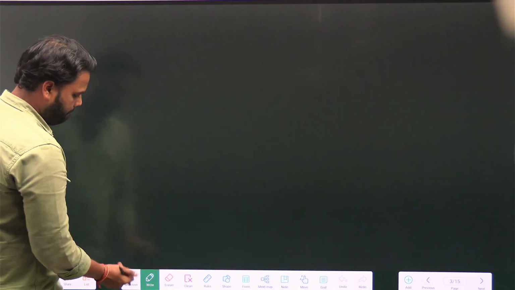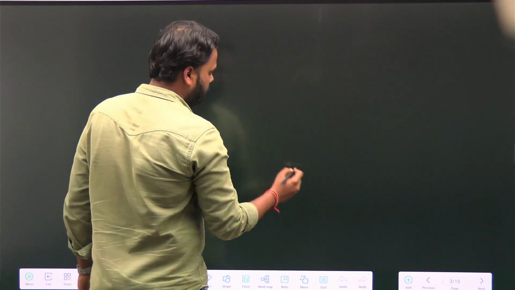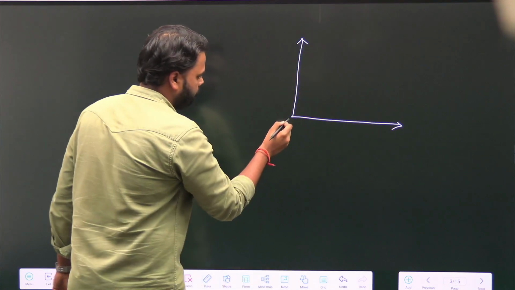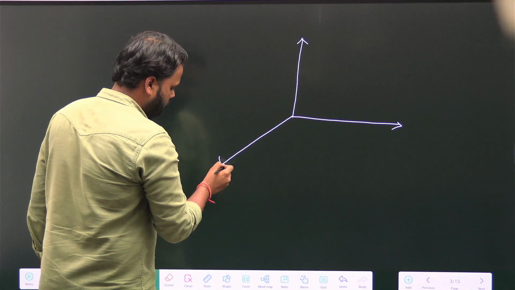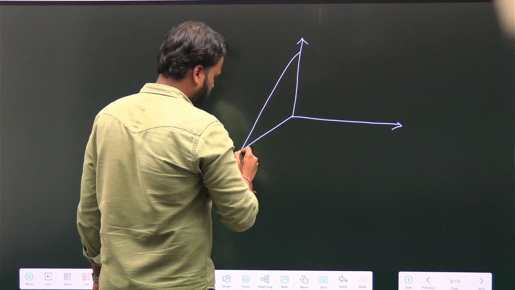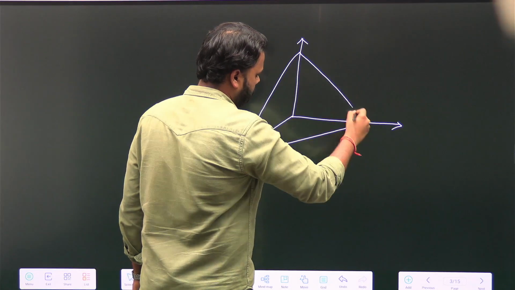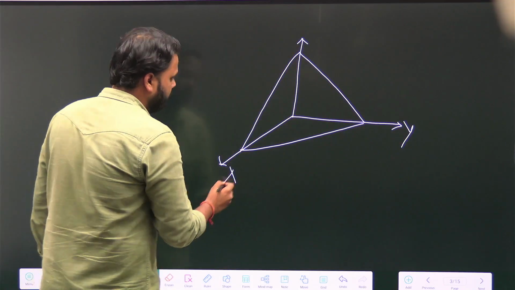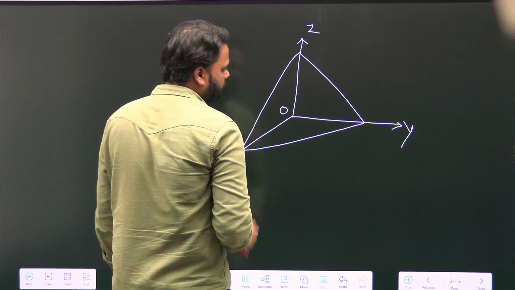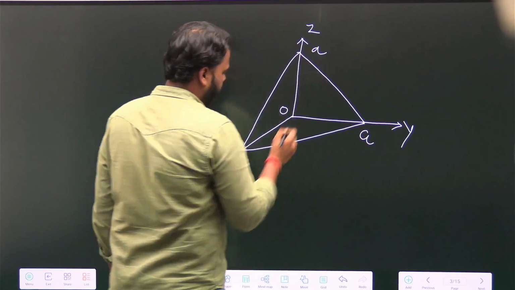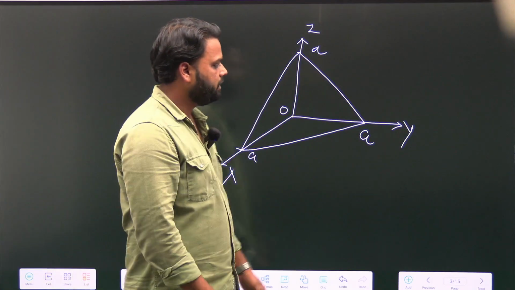Now, okay, let's suppose this is y, this is x, this is z, and this is our origin. Let's suppose it cuts, this is the distance a, this is the distance a, and this is also a distance a. Quickly tell me the Miller indices for this plane.